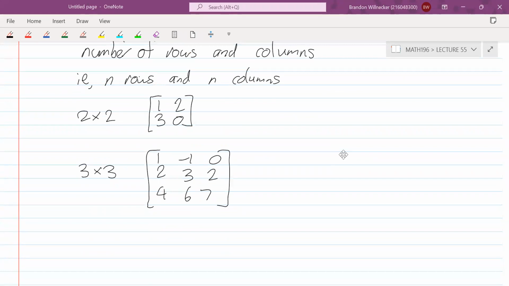Okay, and then for the next definition, we have a special kind of square matrix called the identity matrix.